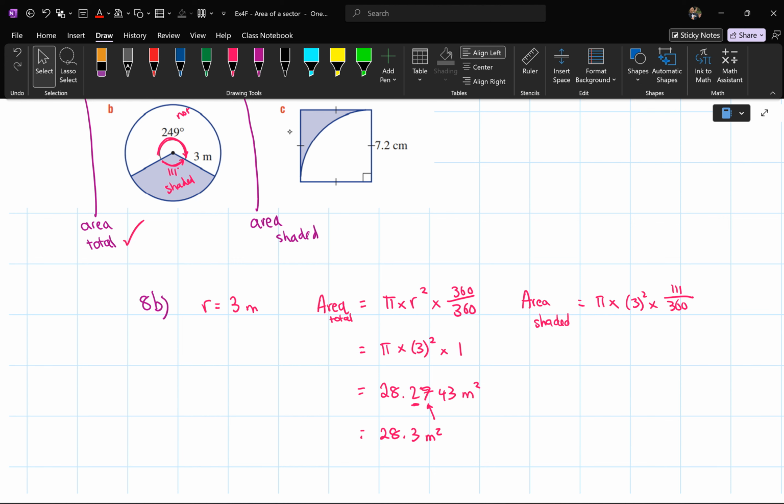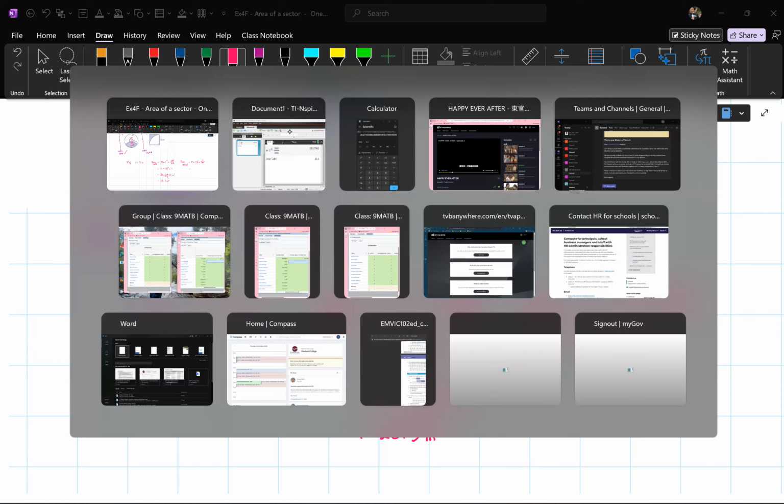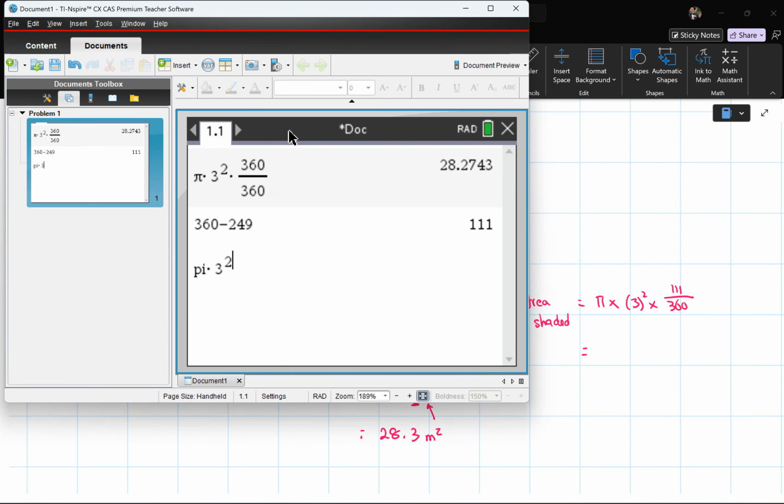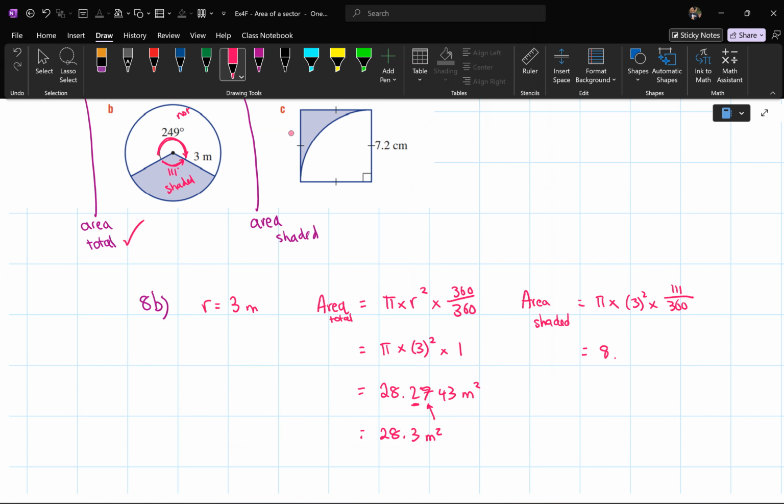So that's the portion I want. And so now typing that on your calculator, you go pi times 3 squared times 111 over 360. You should get 8.7179, but rounding it to one decimal place would give me 8.7.